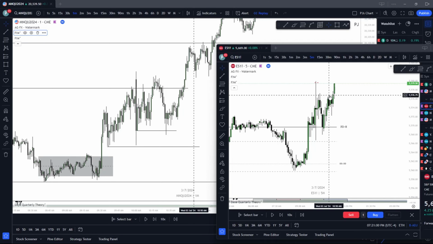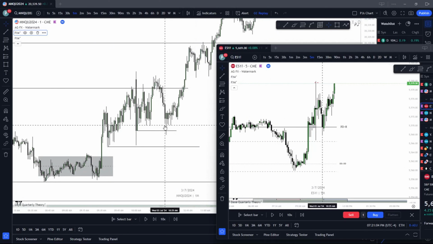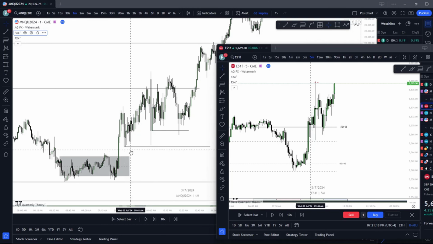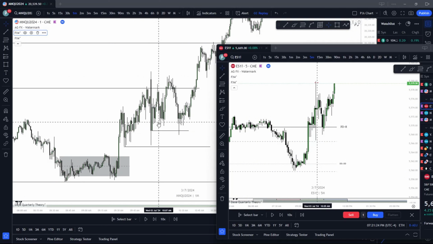Well, we do break it on NQ, right? But either way, on the 1 minute, right, we see we're still within the news range, and it's okay to trade it because we've left equal highs here, and we've broken the range on one pair, right, and left liquidity above, right, with the high.